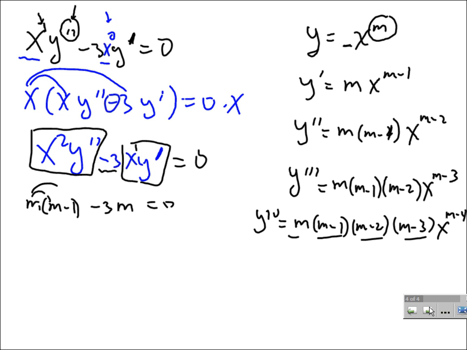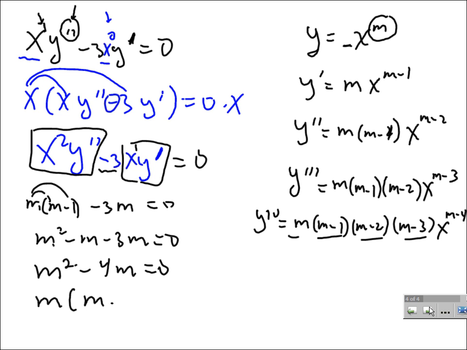So you have m squared minus m, minus 3 more m's. So, if you take away 1m and you take away 3 more, you took away 4 m's. And if you were to factor this, you can factor out an m, say either that's 0, which happens when m is 0, or that's 0, when m is 4.